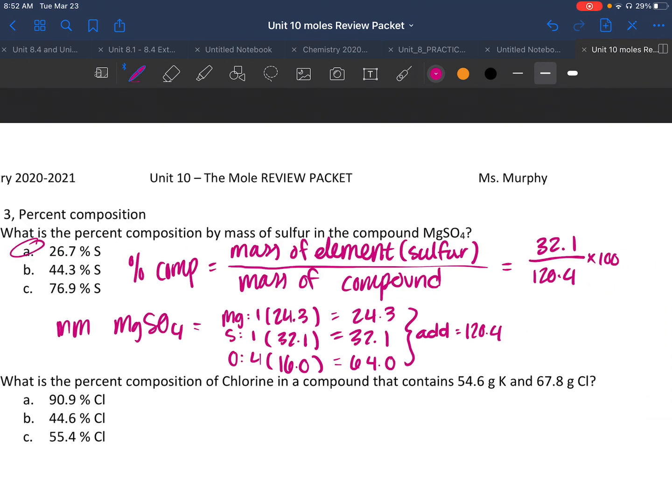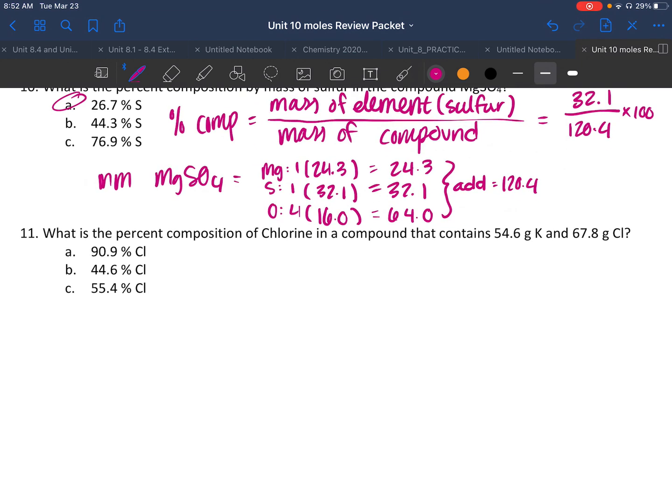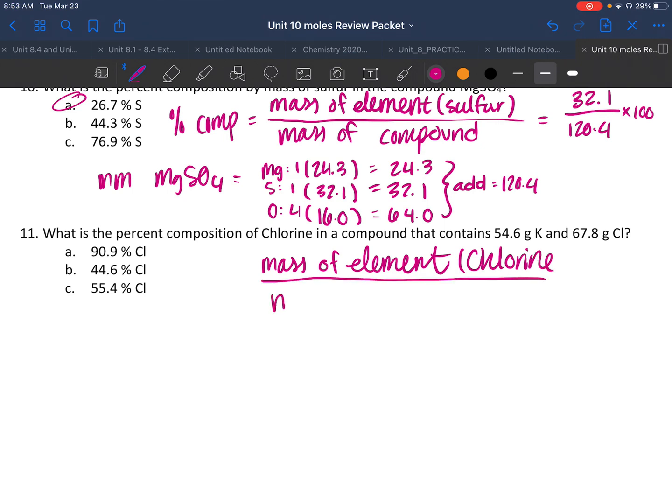All right, the last one here. Now, we are given masses, so we need to figure out 2 things. Again, mass of element. In our case, this problem asks about chlorine, and we need to figure out the mass of compound. When you are given sample masses like this, those are what you use.